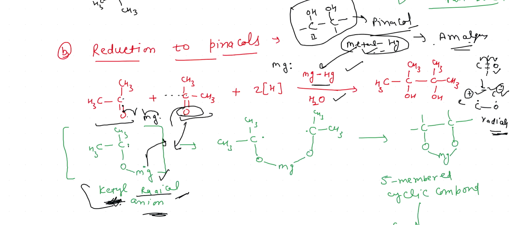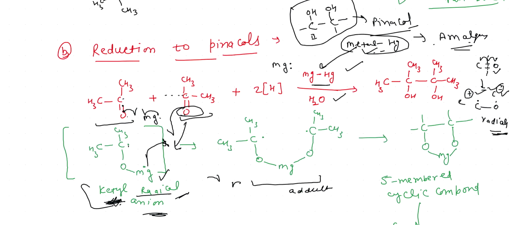And always remember, when we represent homolytic fission, we use a half-headed arrow like this. Clear? Okay. When the second molecule is pairing with the magnesium, then you will get this adduct in which magnesium is coordinated to two oxygen atoms, as magnesium has a valency of 2.